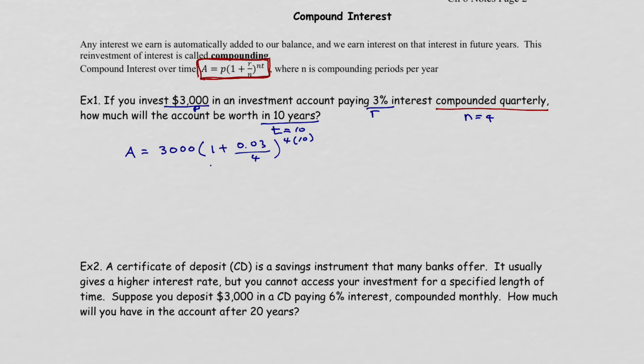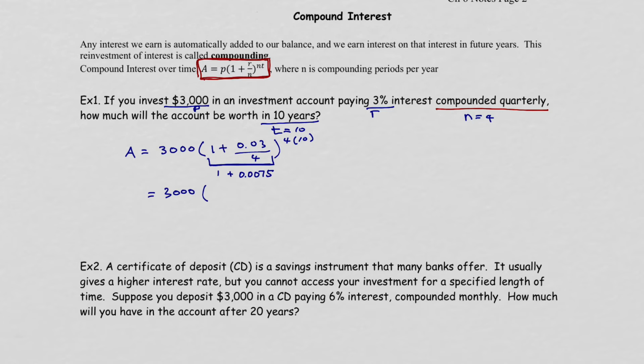So you do 0.03 divided by 4 on the calculator first, and whatever number you get, you're going to add 1, right? So you will find out 0.03 divided by 4 will be 0.0075, and then you're going to add 1, which is going to be 1.0075, and use the 40 exponent.